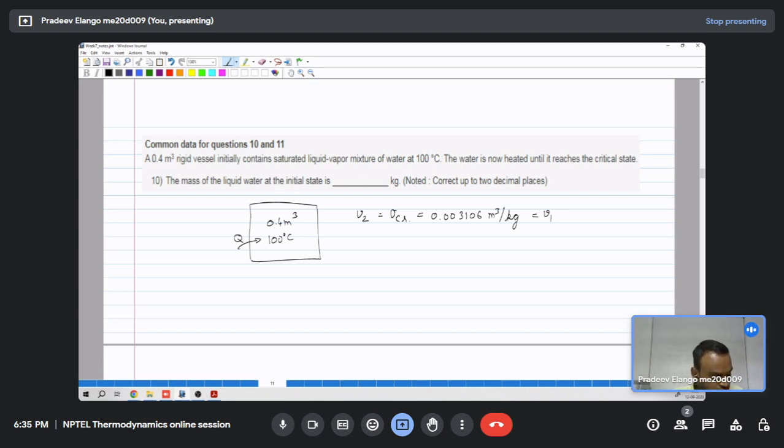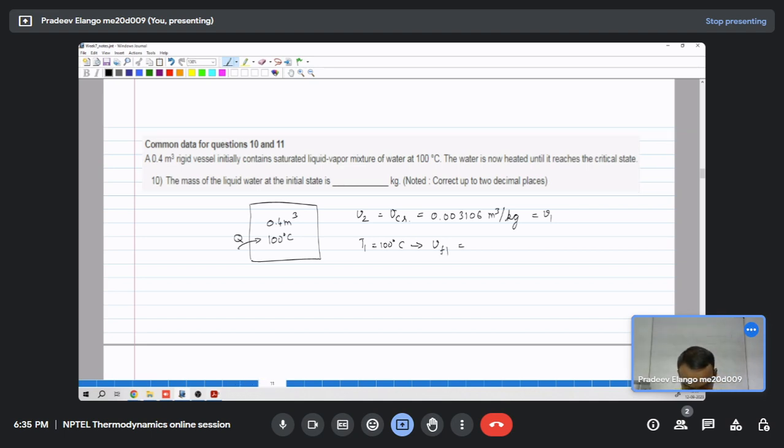Now at state 1, we also know the temperature is 100 degrees Celsius. So using this, from the table we can get Vg1 and Vf1.